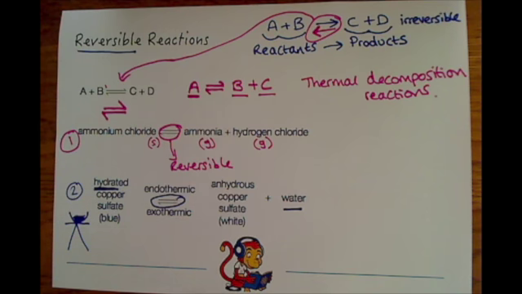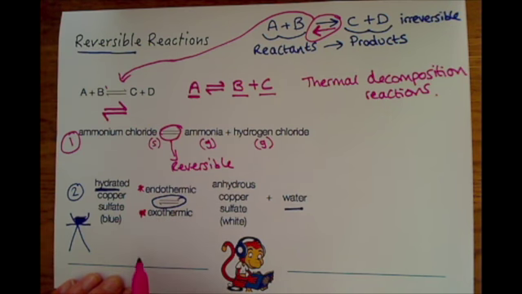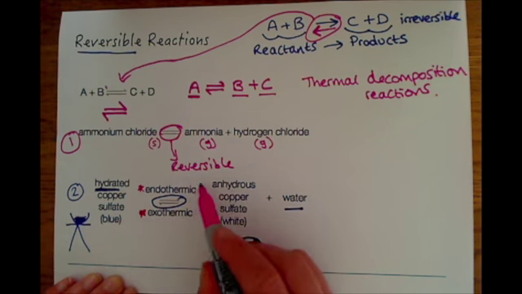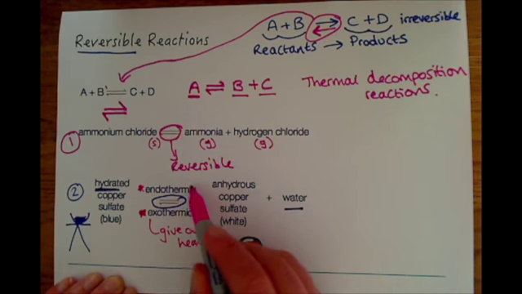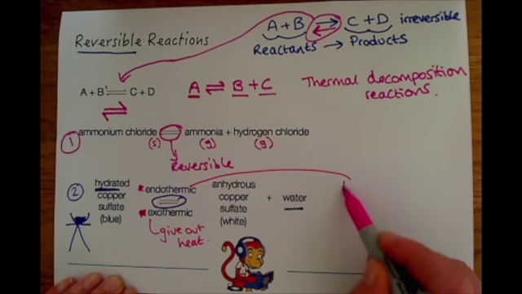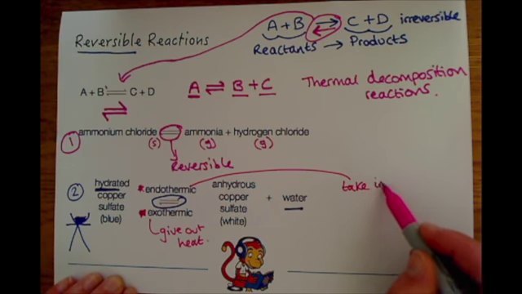Now, one other thing to highlight with this equation is the words endothermic and exothermic, and we'll come across these in another video. But very quickly, exothermic reactions are ones that give out heat, and endothermic reactions are ones that take heat away from the environment, so they take in heat during the reaction.